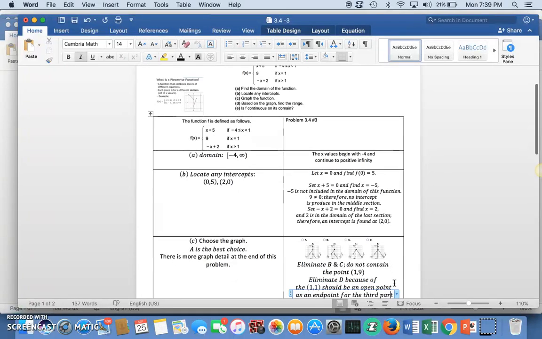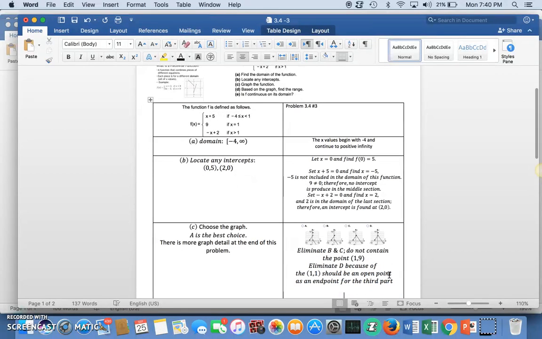Then you're supposed to choose the graph from that. Hopefully with your MyMathLab you can see a little bit better than what you can see right here. This point (1, 9) needs to be included. The point (1, 9) is on A and D, so you would immediately eliminate B and C. On D, the point (1, 1) should be an open endpoint for the third part.